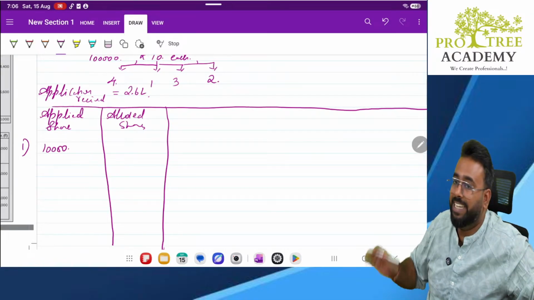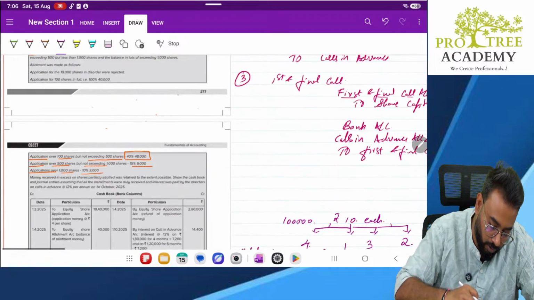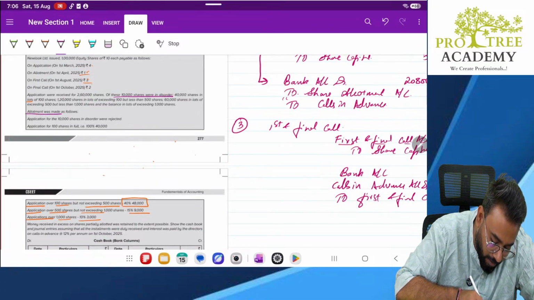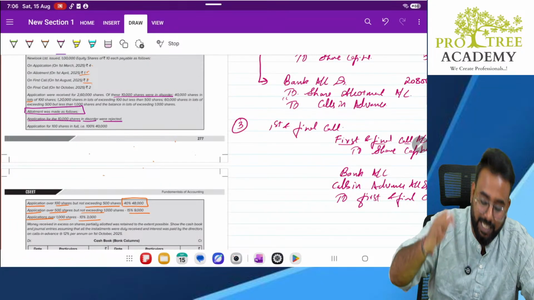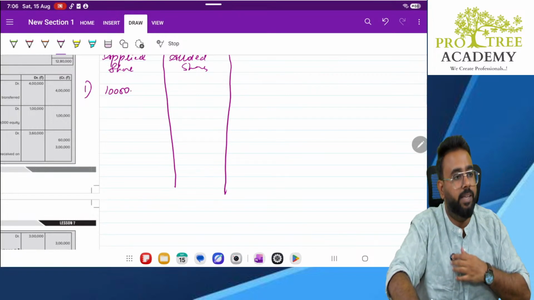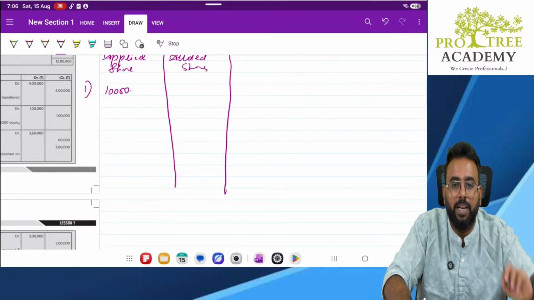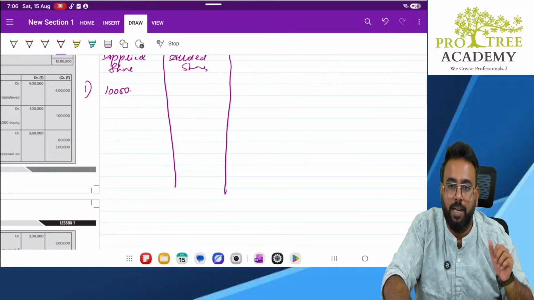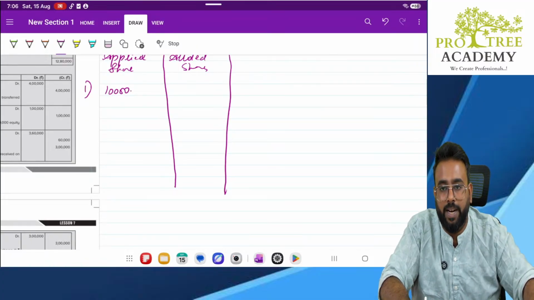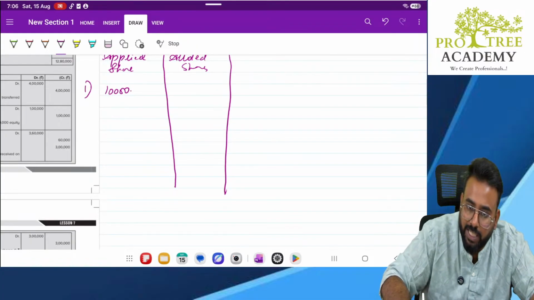Of this, 10,000 shares were in disorder. Look, the question says 10,000 shares were in disorder, and again they have given it here. Allotment was made as follows. Applications for 10,000 shares in disorder were rejected. Sir, what is disorder? What do you mean by that? Disorder means it is not yet completed. The share applications are incomplete, wrongly written, or some information is missing in the share application.